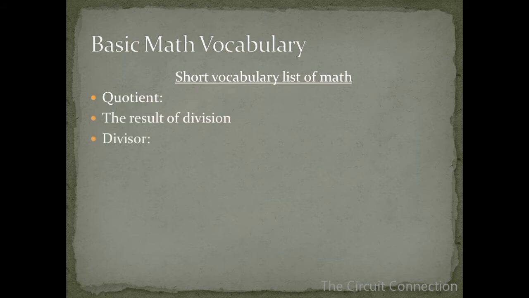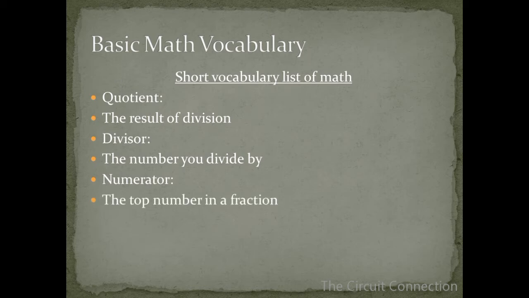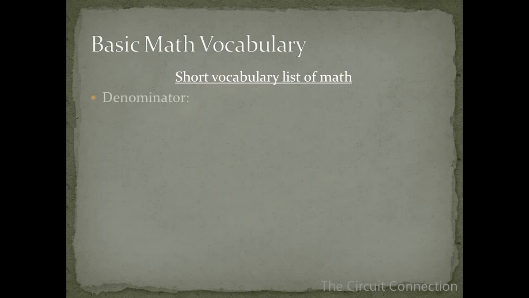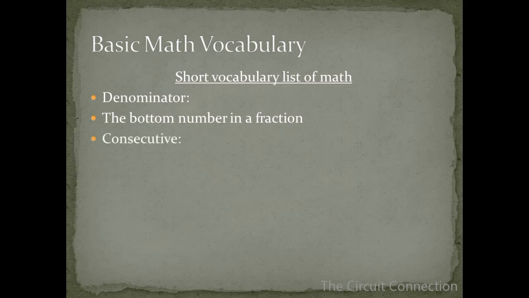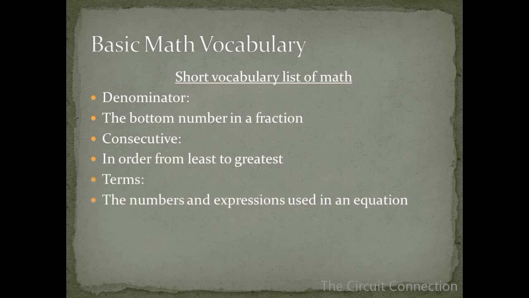A divisor. What is a divisor? It's the number that you divide by. Numerator. What is a numerator? It is the top number in a fraction. And a denominator. A denominator is the bottom number in a fraction. Consecutive. It means to be in order from least to greatest. And terms. What are terms? The numbers and expressions used in an equation.